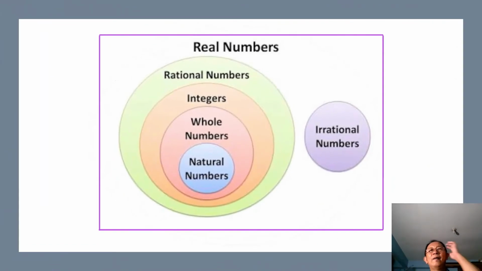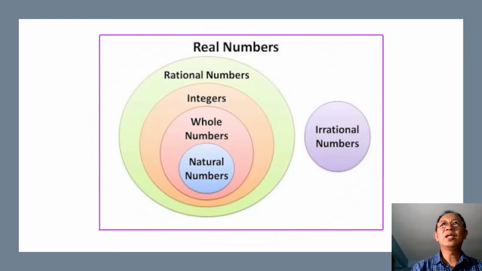The Venn diagram of the set of real numbers. So dito yung real numbers, yung rectangle, yan yung ating universal set. Yung universal set, doon nakapadoob yung mga pinag-uusapang mga elements. No?